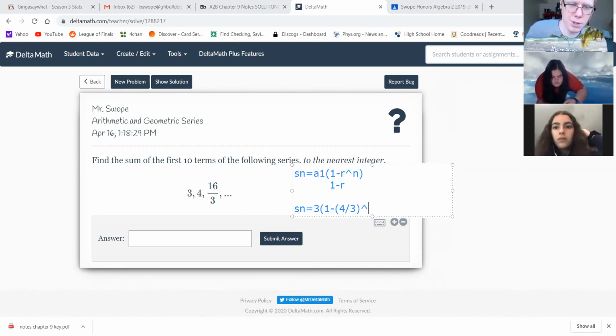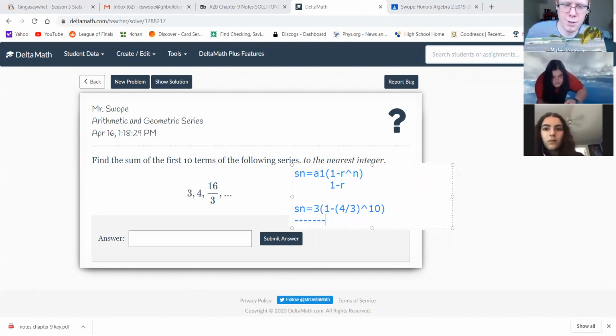And then up to your n, our 4/3 up to our n, in this problem, would be 10, because they tell us 10 terms. And then all over 1 minus r, so 1 minus 4/3.